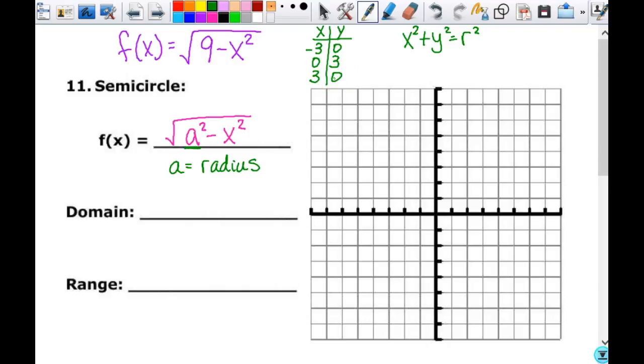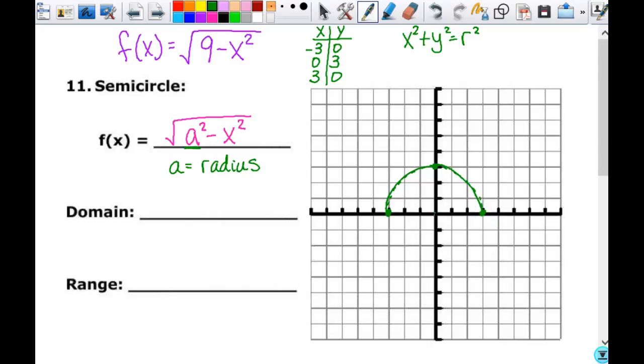Which should make sense, because it's a semicircle centered at 0, the radius is 3. So I go to -3, 0, 0, 3, and 3, 0. And then you just do your best to make it look circular. It doesn't have to be dotted, but I usually at least start mine out like that. I have a better chance of getting it curved right. Still not right.